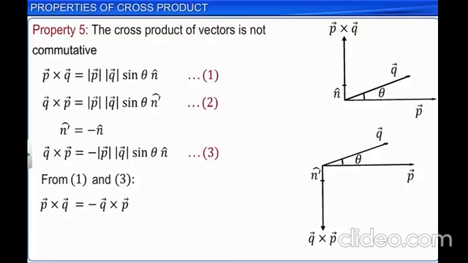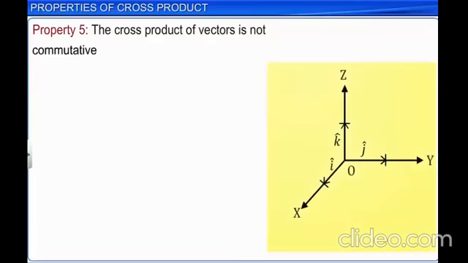From the discussion so far, we can again make some interesting observations about unit vectors i, j, and k pointing along the x, y, and z axis of a three-dimensional coordinate system.